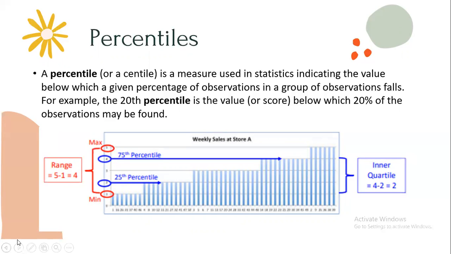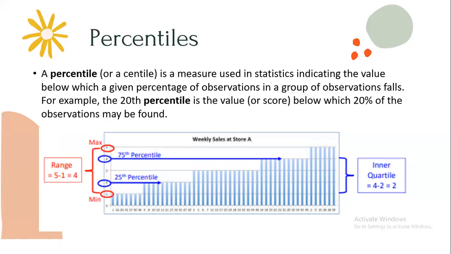So let's just have a look over here, okay? Somebody says 0, 1, 2, 3, 4, 5. These are the possible values. Let's say these are the scores on a quiz. Somebody says, okay, can you tell me what is the 25th percentile?